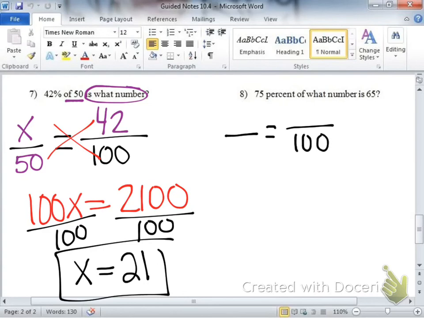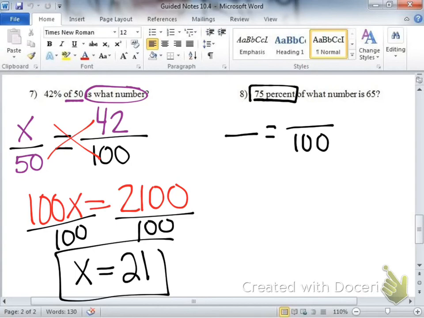Quiet down. We have blank over blank equals blank over 100. 75% of what number is 65? 75 goes where? At the bottom. Yeah.